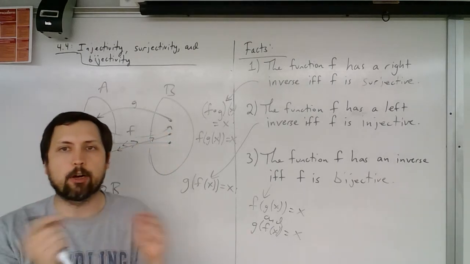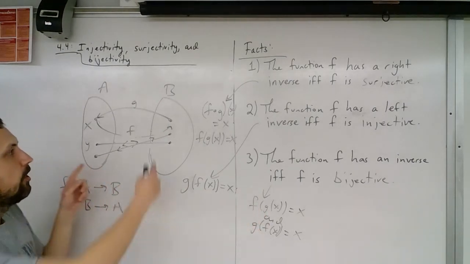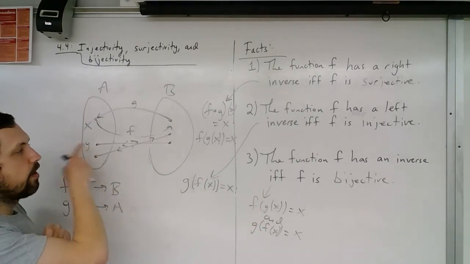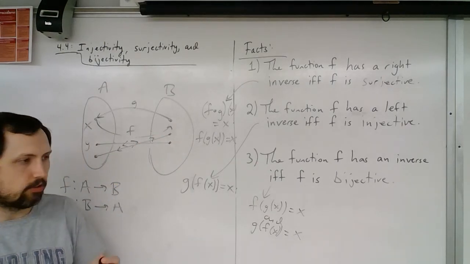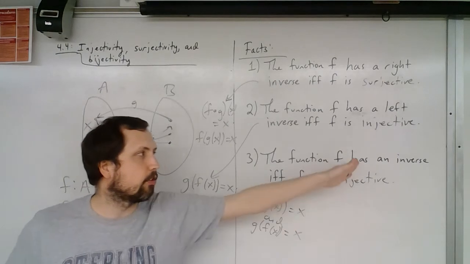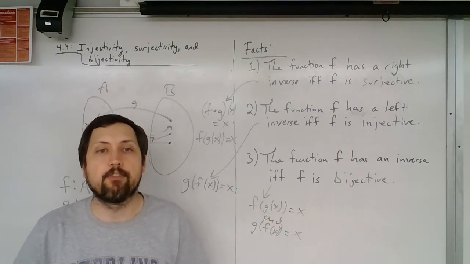So this is basically a perfect matching, and that makes sense that in either case, you go this way and then that way, or that way and then this way, and you get perfect back and forth movement. And so this is where a well-defined inverse function exists: when you have a bijective function.